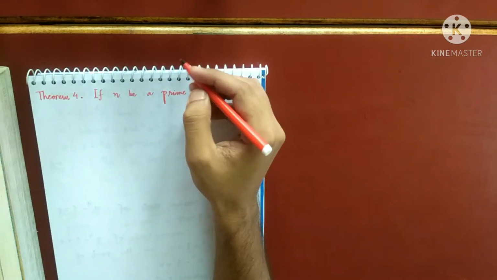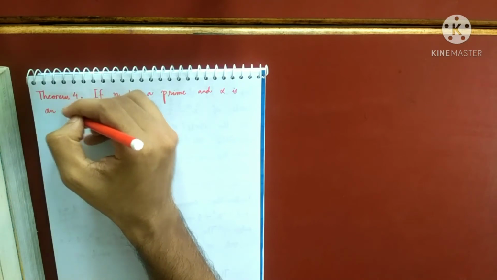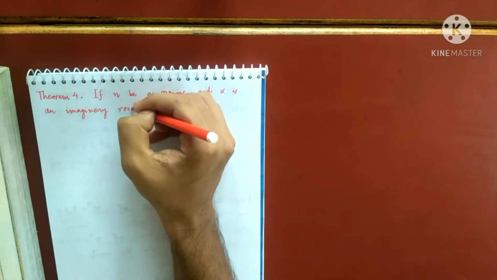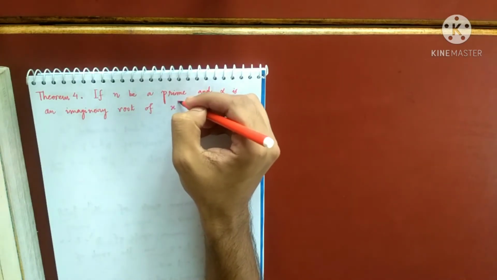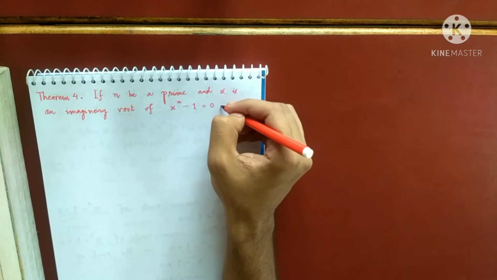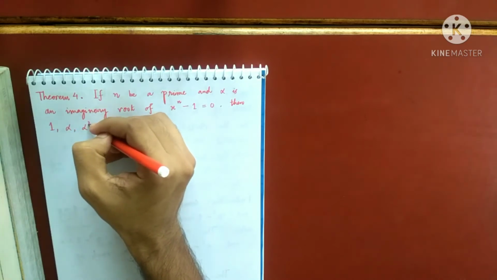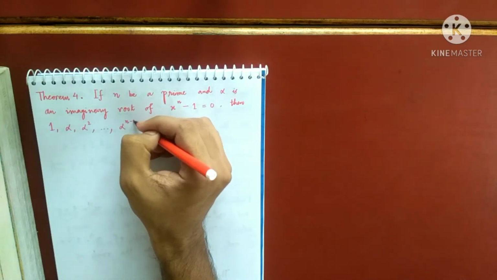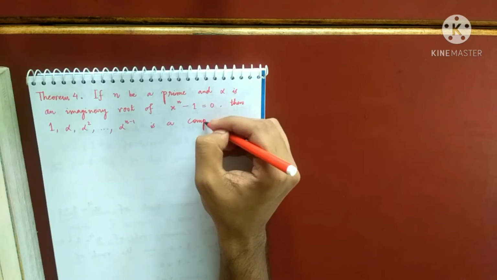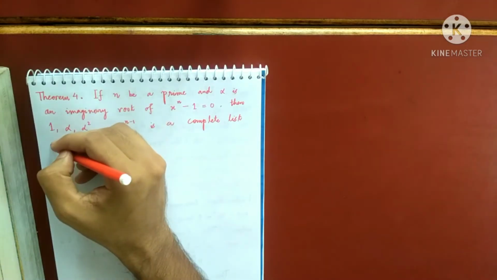If n be a prime and alpha is an imaginary root of x to the power n minus 1 equals 0, then 1, alpha, alpha squared, up to alpha to the power n minus 1 is a complete list of the roots of the equation.